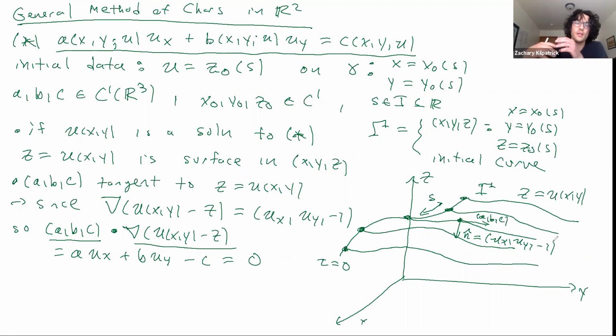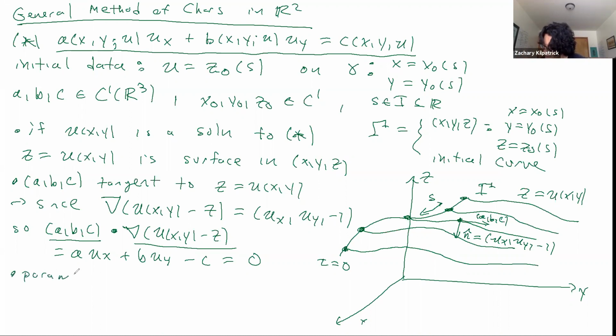Well, so what? If you remember back to our transport equation example, we created our characteristics so that when we dotted the derivative terms with respect to our unknown function, that would all be equal to 0. We're going to try and do that same thing here.